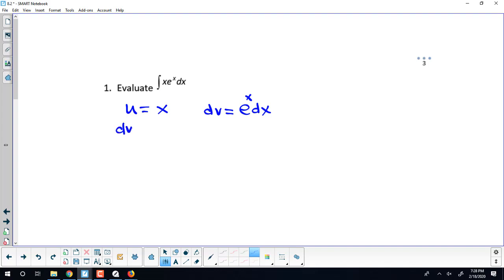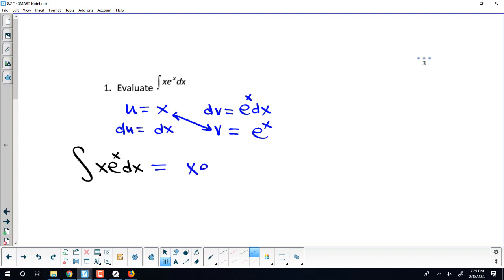So you always identify those two first. Then we take the derivative of u and the antiderivative of v. So then our integration by parts tells us that this original integral given to us is equivalent to u times v, uv, minus the integral of v times du.